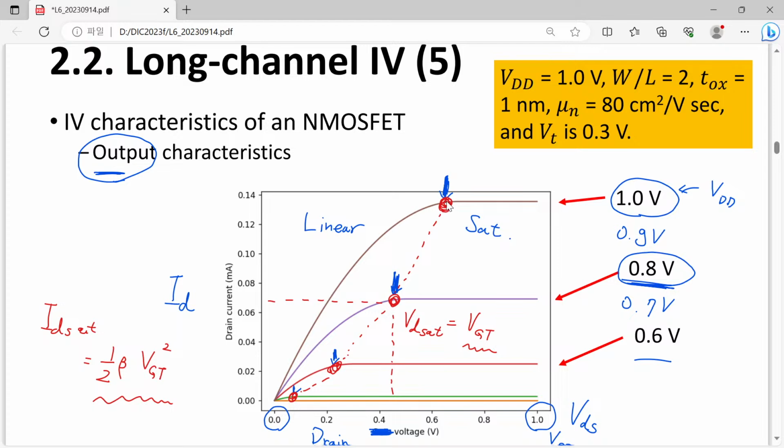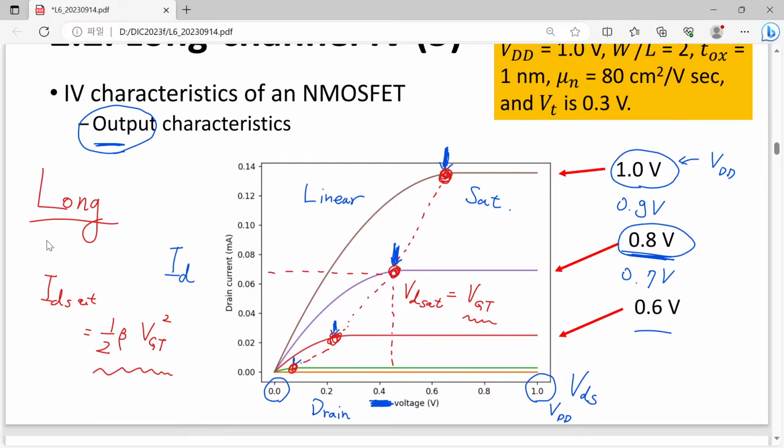So when we connect these transition points all together, we will see a parabola-like curve. This is typical behavior of our long channel MOSFET. If we have a long channel MOSFET, we have this kind of behavior. Okay, we will consider this behavior once again today.